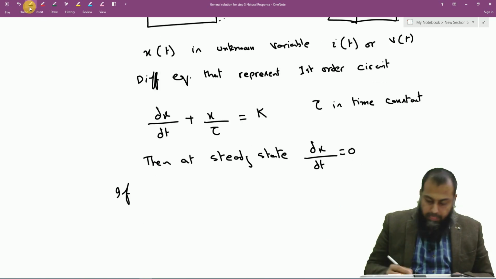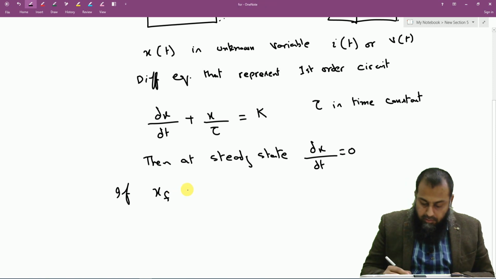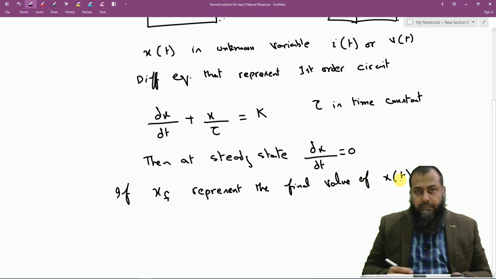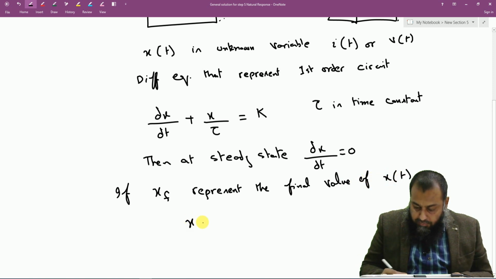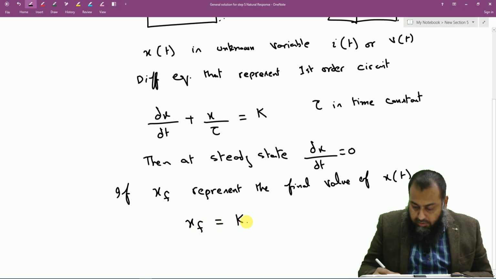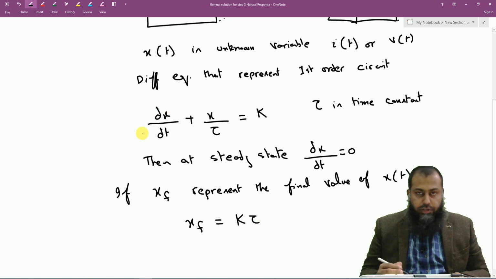Now suppose we have a variable xf which represents the final value of x of t, then xf should be equal to k times tau, because this particular derivative has become equal to 0.